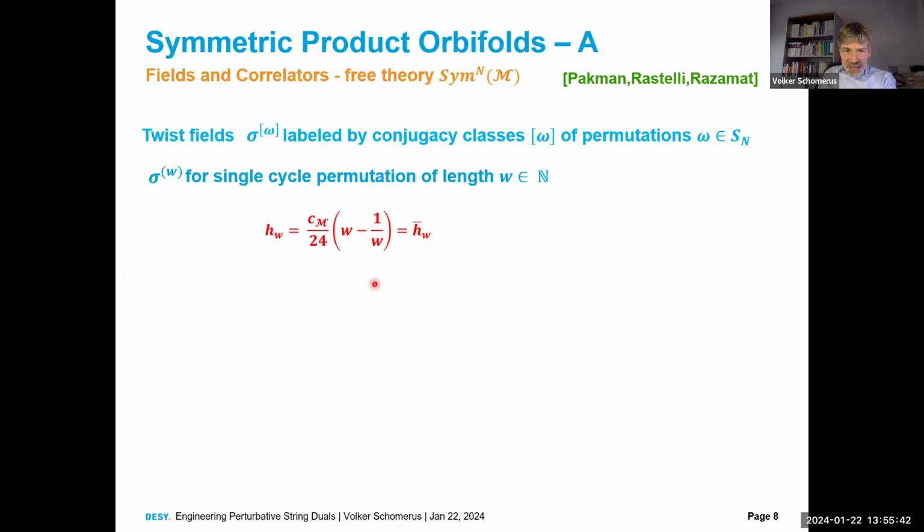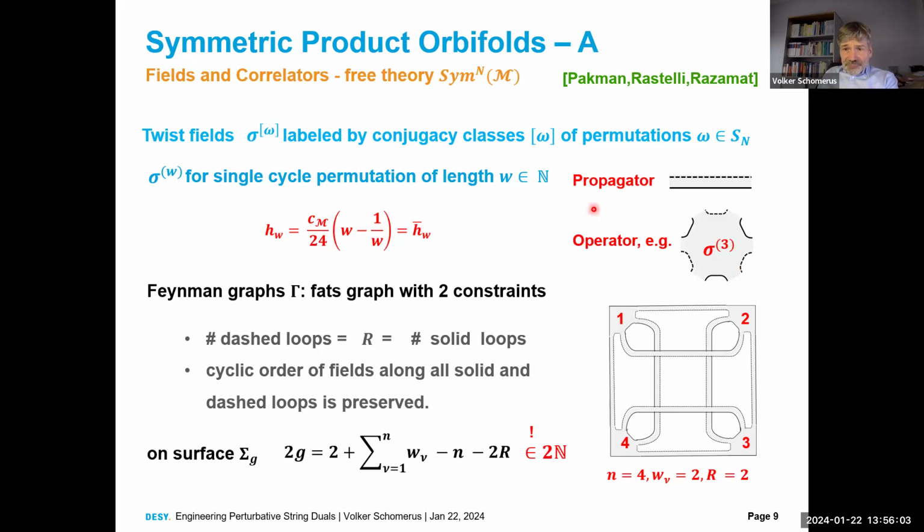Now, these operators are fields in the CFT that have conformal weights given by this formula, determined by the central charge of the parent theory and the length of the cyclic permutation W. Now I'm reviewing work of Pakman, Rastelli, and Razamat, whose intention was to stress the similarities of these theories with perturbative gauge theory.